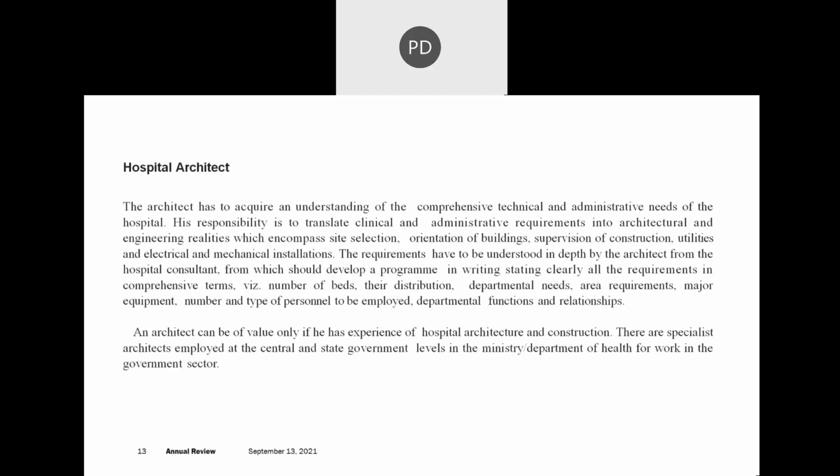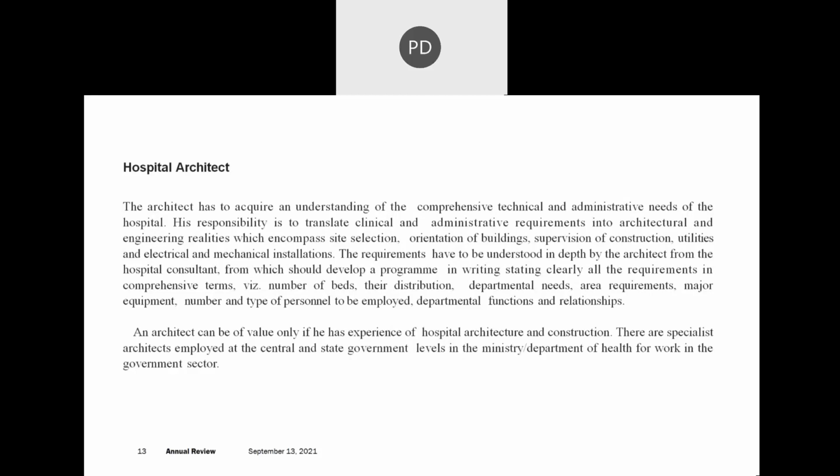Like how the building should be, which area to be facing which side, which area to be kept in which side. All this orientation of the building also he'll be making decisions on. Supervision of the construction, basically the architect would be responsible for supervising. Any kind of electrical and mechanical installation has to be done under his supervision.